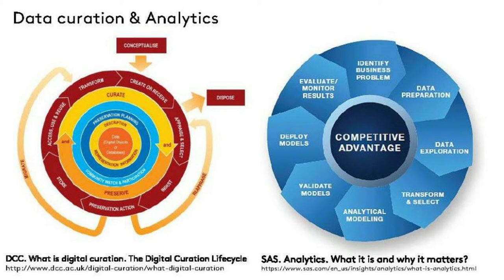This is a diagram from SAS Analytics, and it shows how analytics starts by identifying a business problem, preparing the data, exploring it, and making the models to analyze it and evaluating the results. So can we actually blend them together in libraries? How can we actually bring the best of both worlds?